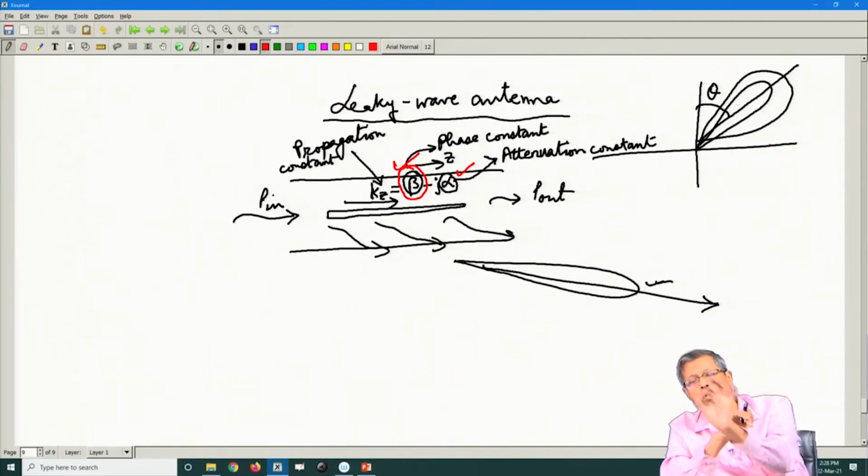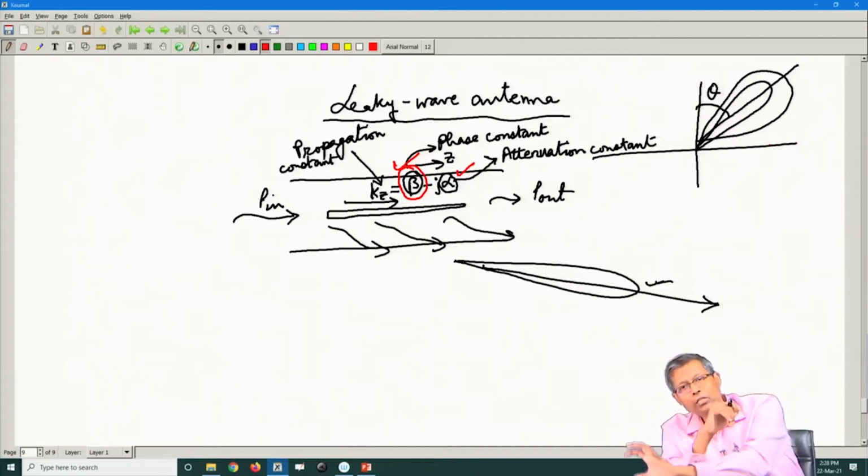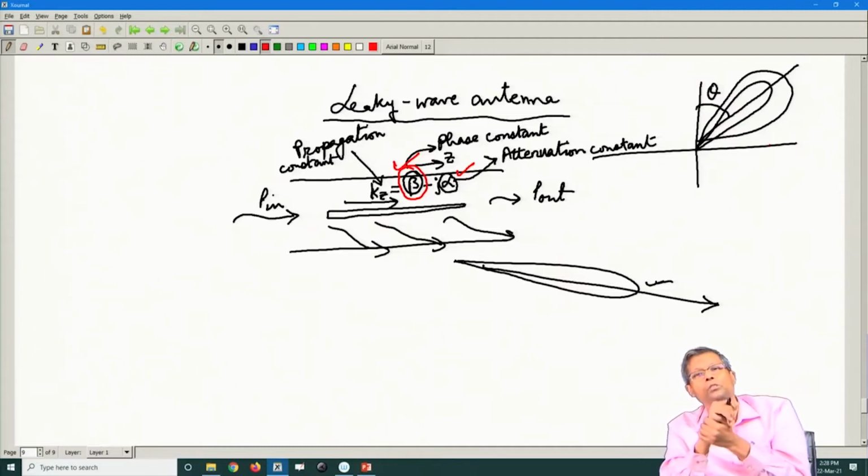Let us say the first resonance, this kind of circuit elements are responsible. The second resonance, this kind of circuit elements are responsible. Okay. So, then I can get more control over designing or tailoring those resonances.